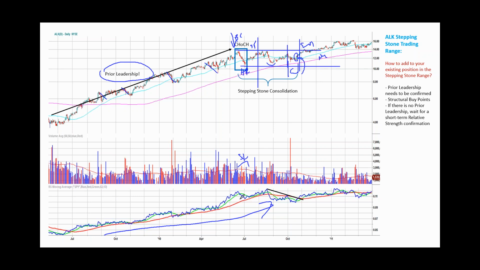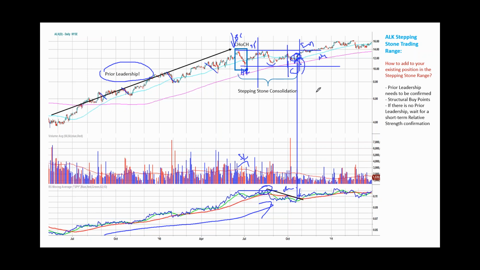We see here how we are flattening out and then how we are in a slight downtrend here on the relative strength, and there is some breakout which coincides with this point of entry right here. So this would be good.